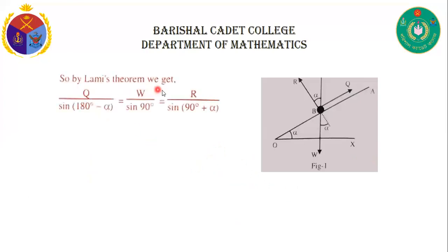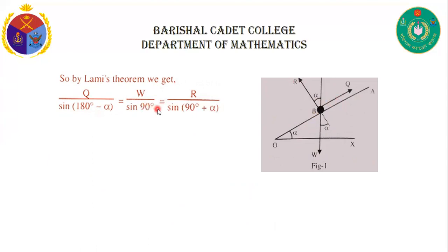By the Lami's theorem, we get Q divided by sine of the angle between R and W. R and W is total 180 degree, and there it is alpha, so 180 degree minus alpha, equal to W divided by the sine of the angle between R and Q, that is 90 degrees.